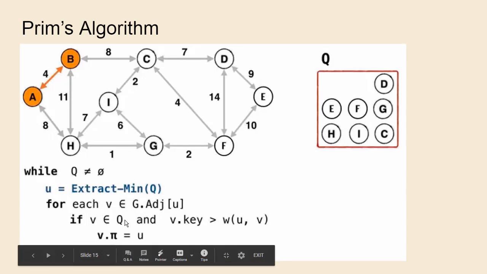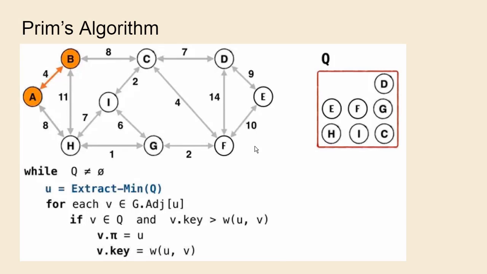The v dot pi part is used when we want to reconstruct the tree, in addition to computing the weight. That just maintains the information that we are using V to U to connect V. That's it. Next time we're going to look at problems using minimum spanning tree.